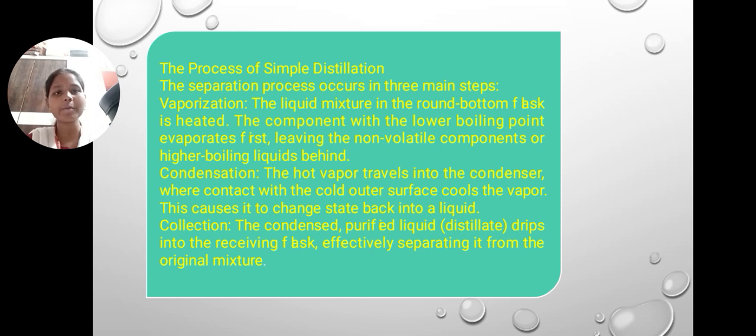Let us see about vaporization. The liquid mixture in the round bottom flask is heated. The component with the lower boiling point evaporates first, leaving the non-volatile components or higher boiling point liquids behind.